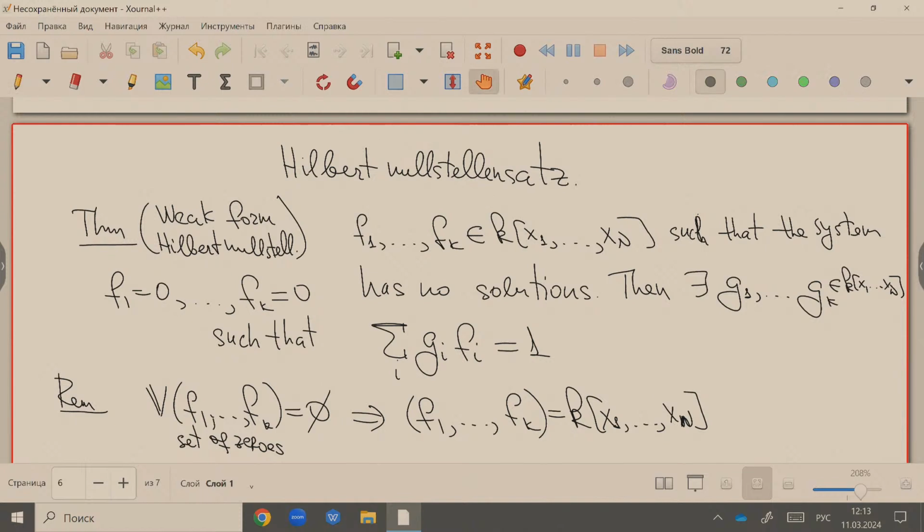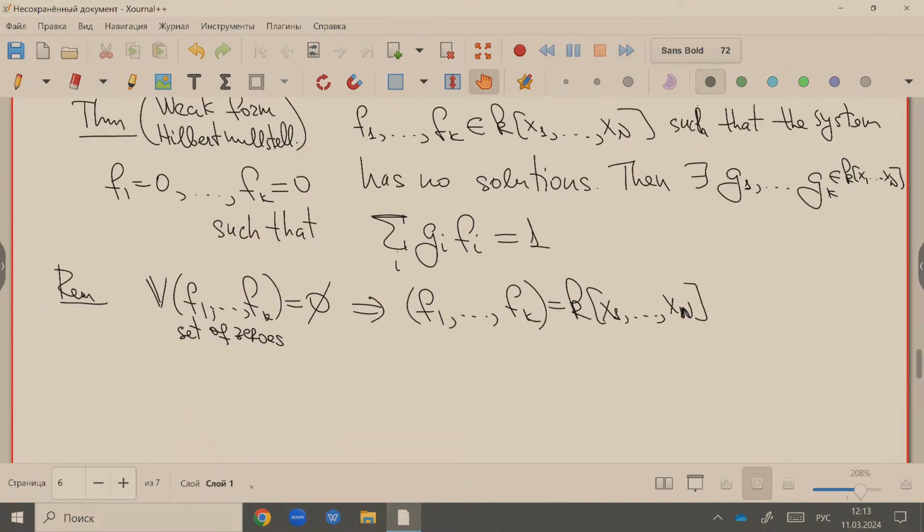Then the set of solutions is empty if and only if the ideal generates the whole algebra where you consider.